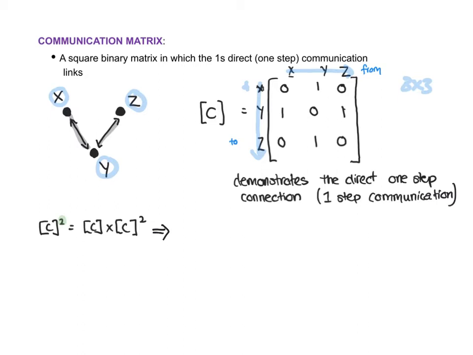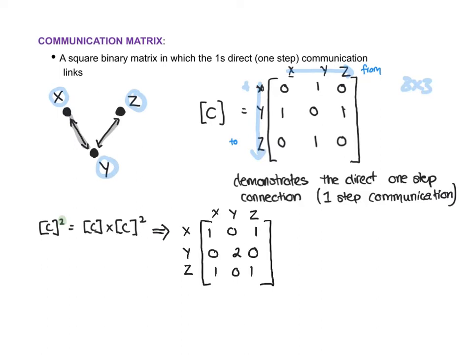I'm going to square our communication matrix, raise it to the power of 2 on the calculator and press enter. Okay, I've squared it, and this is the matrix it produced. This is the 2-step communication matrix.